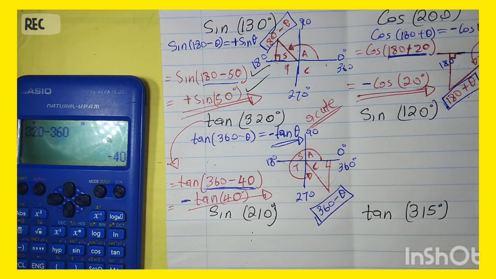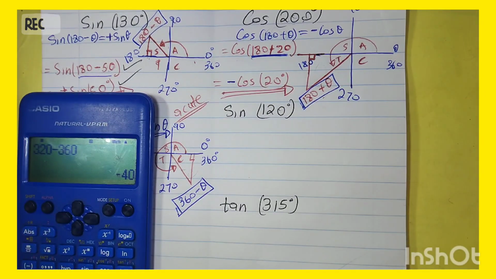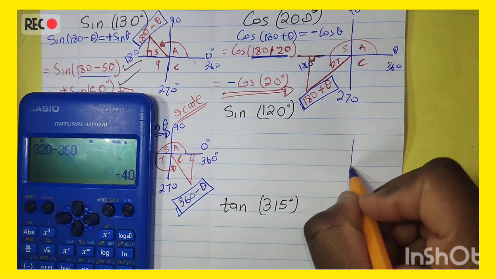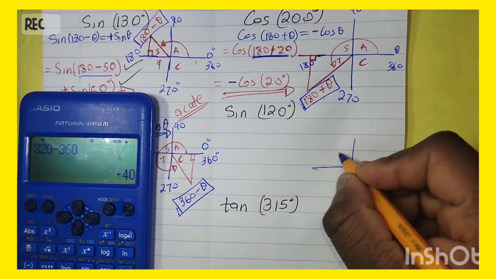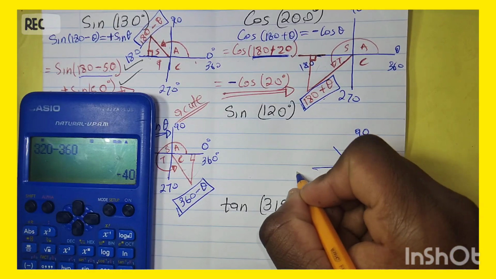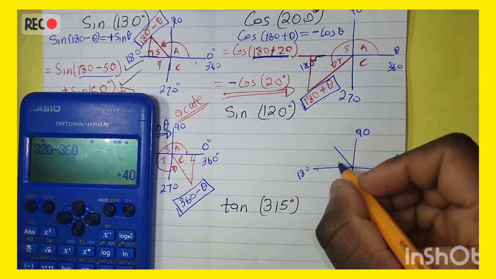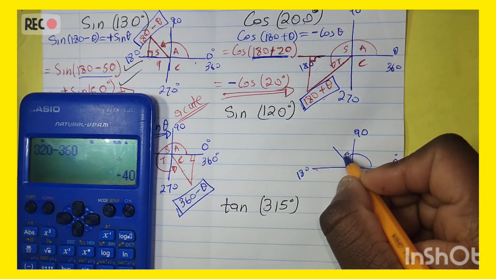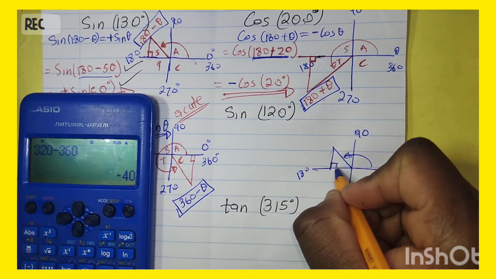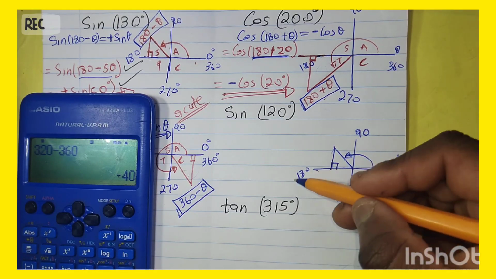So now let's come to this one. I know this is on the quadrant where there is 90, 180, 270, 360, and I move until there. Meaning my triangle will be like this.